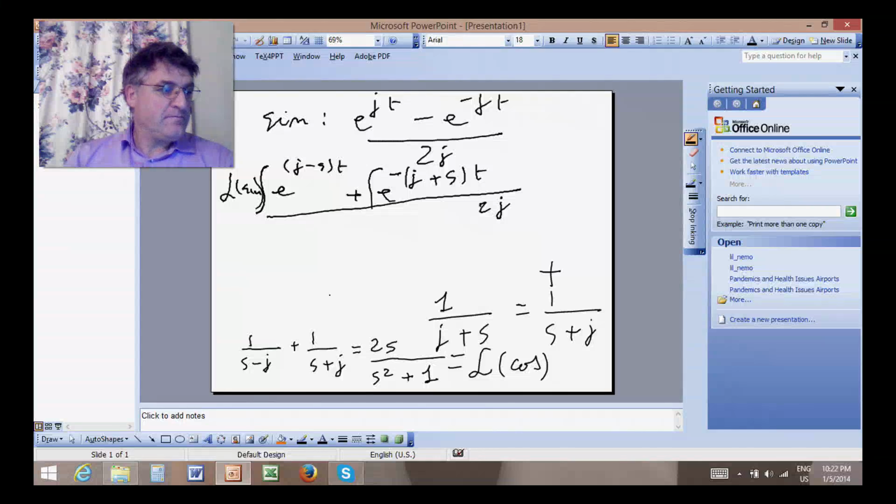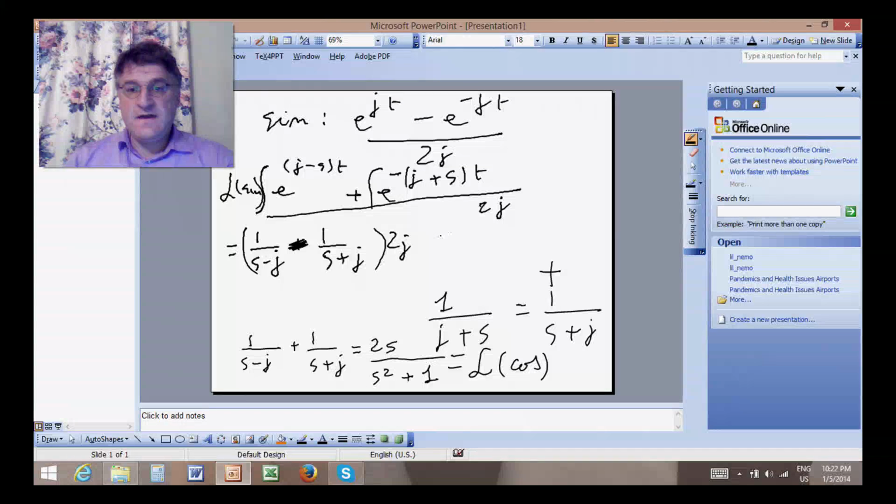and this Laplace transform can be computed as 1 over s minus j plus 1 over s plus j, divided by 2j, and we can get that this will be equal to, in fact, 2j divided by s squared plus 1 times 2j, which is 1 over s squared plus 1.